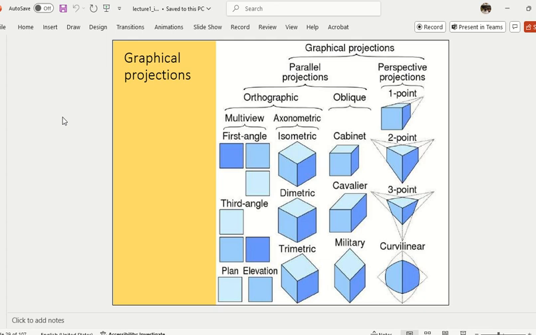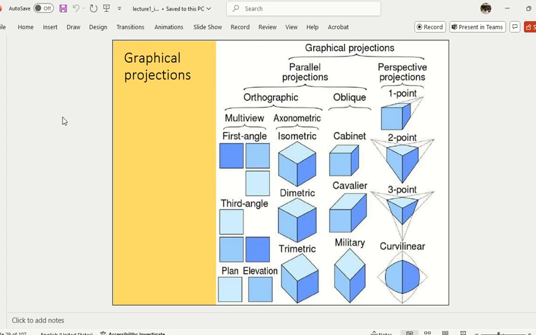Now in all these drawings, we are making a cube. Which cube? This cube. In all these drawings, you see the cube. Now, what does this color mean? Which view? Plan. Then this one is my side view, and this one is my front view.